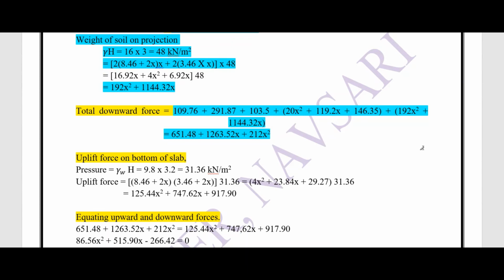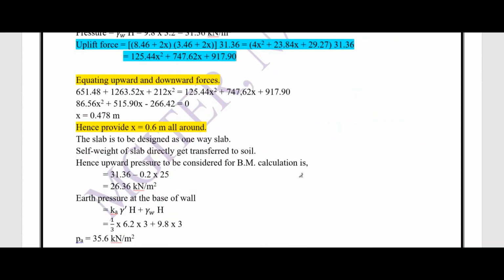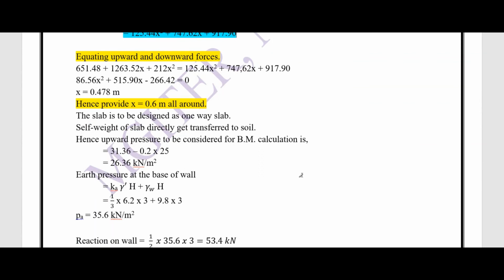Now we calculate the uplift force on the bottom slab, also in the x form. So the uplift force is 125.44x square plus 747.62x plus 917.90.